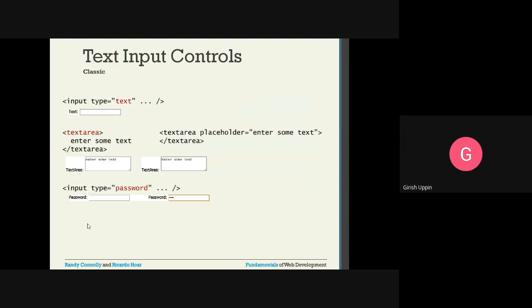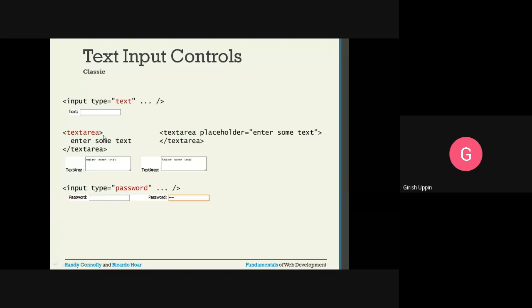So these examples we saw yesterday. This is a text. You will see the box like this. This is the label, and this is the text input. Then textarea you can have in two ways.